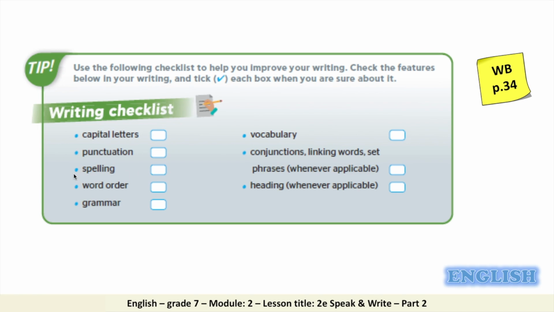Make sure that your writing does not have any spelling mistakes, then word order, and then grammar. So you are talking about a first time experience that happened in the past, so you have to use the past tenses. Then vocabulary, and then conjunctions, linking words, set phrases, whenever it's applicable. And finally, heading whenever it's applicable as well.